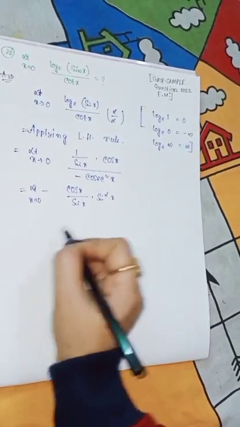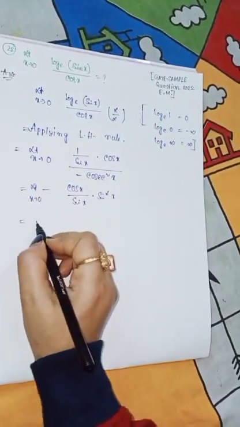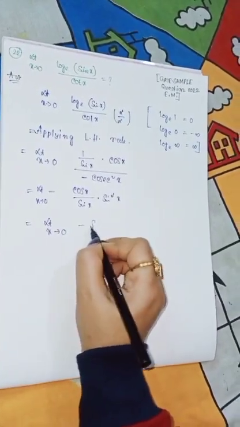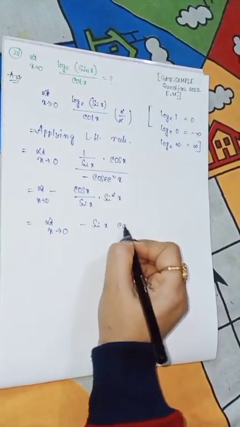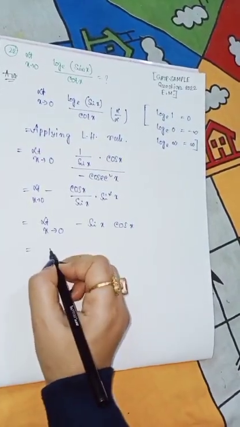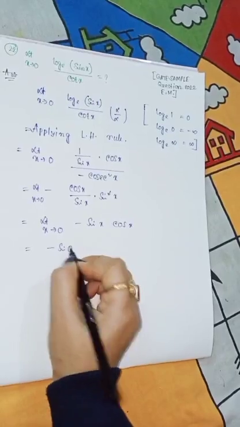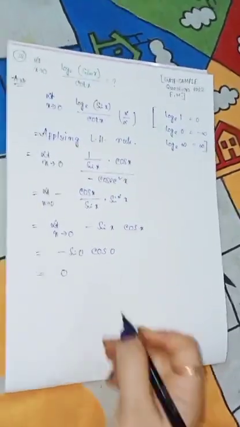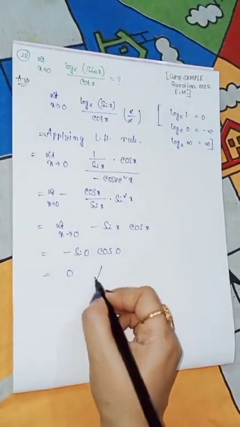So here one sin x is cancelled off, so limit x tends to 0 of minus sin x cos x. Now putting the limiting value, minus sin 0 cos 0 is equal to 0. So it is our required solution.